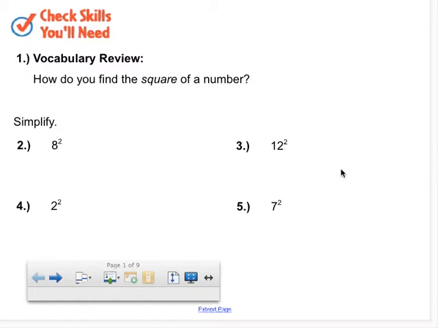So if we're trying to find the square of a number, we don't like to just say a number.